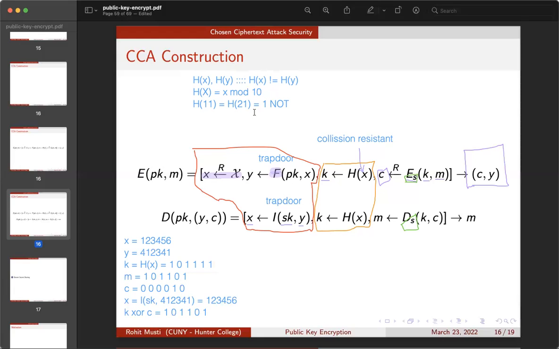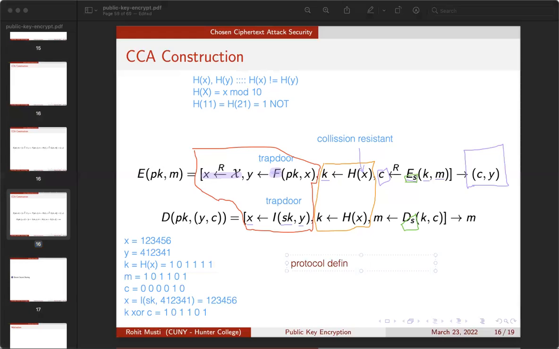So the protocol defines G, which generates the public key and the secret key, H, F, I, E, D. Can you explain what you mean there, James, by handing a note to one another directly?